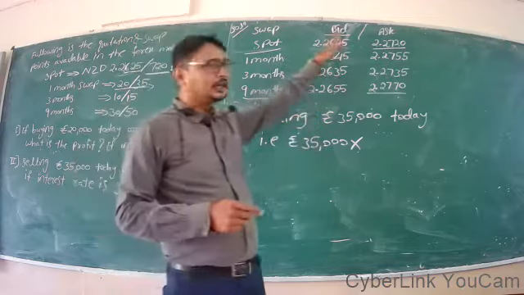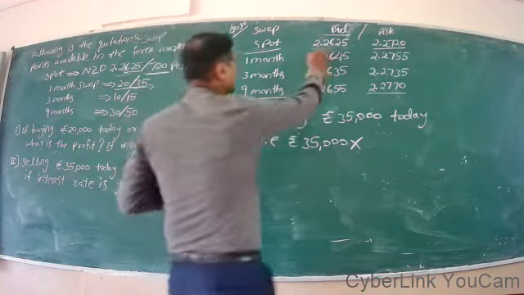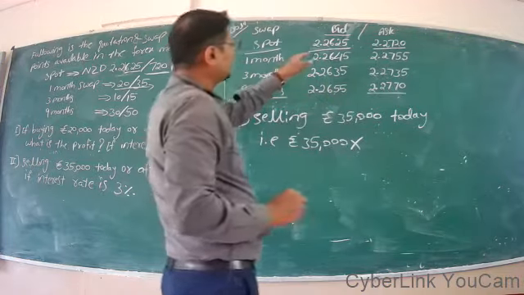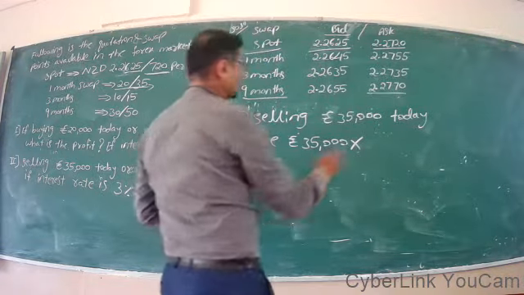Market buys at the bid price, so the applicable rate is the bid price, that is, the market is buying 1 euro at the rate of 2.2625 New Zealand dollars.